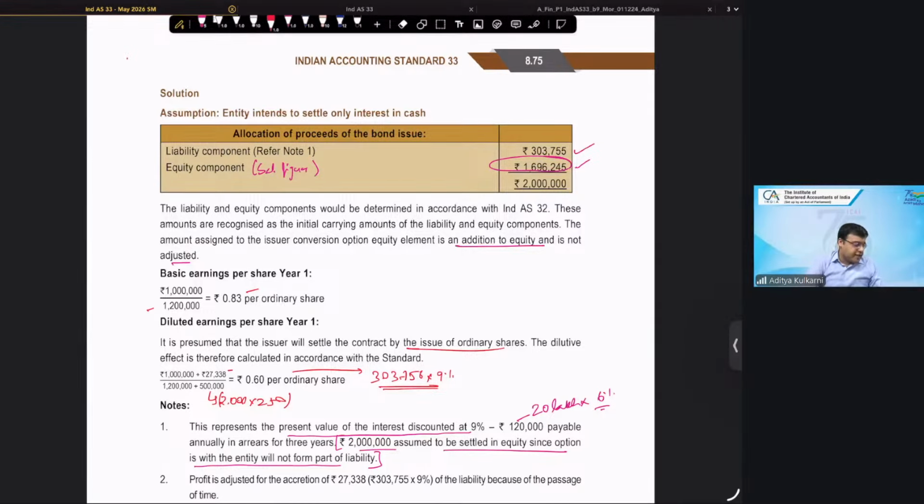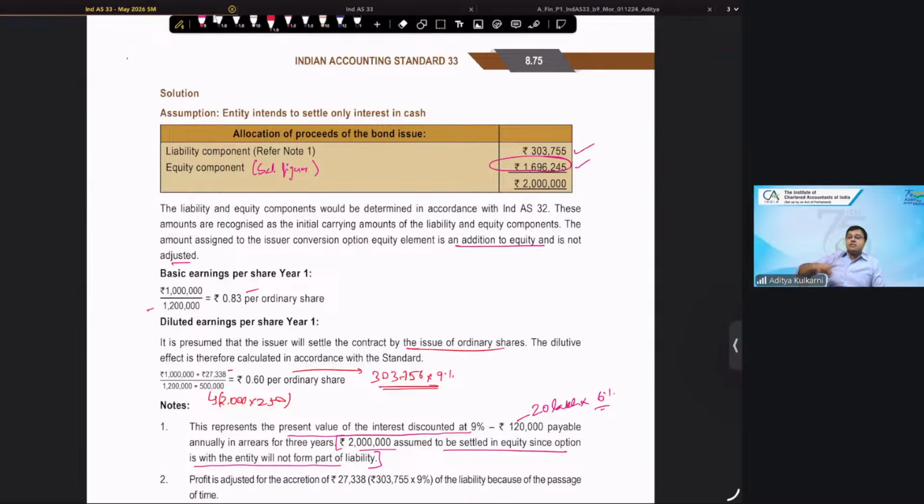Now, if they represent potential shares, how am I going to consider that? Do I become an astrologer and forecast that in the future I will meet the condition? Answer is no. You don't have to forecast. You will just include it in current period computation only if the shares are issuable considering the current period to be the end of the contingency period.